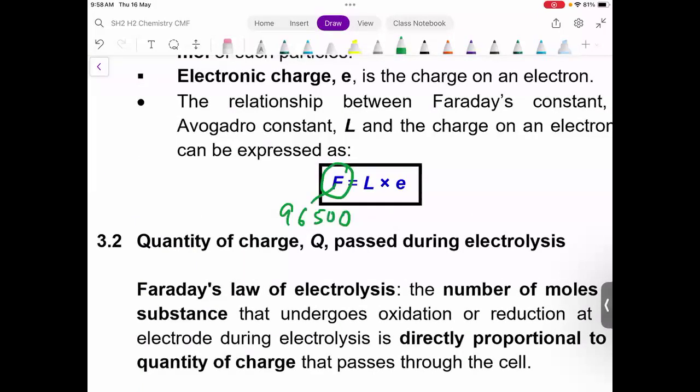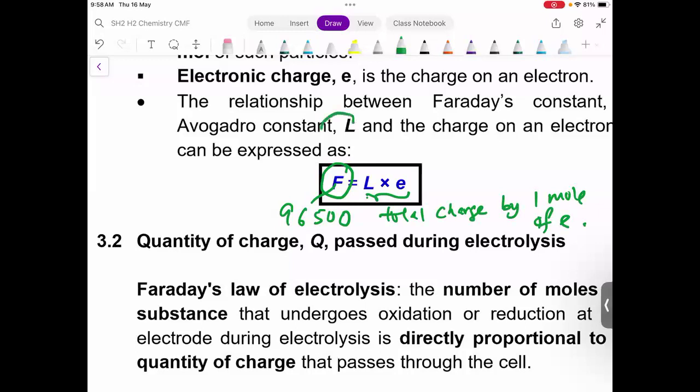It is 96500. Basically it is giving you the total charge carried by 1 mole of electrons. So Faraday's constant tells you the total charge carried by 1 mole of electrons.